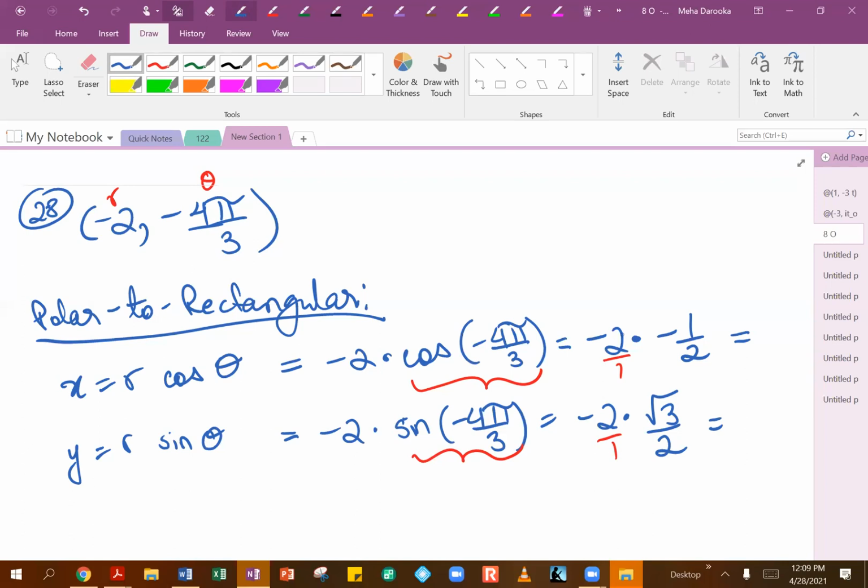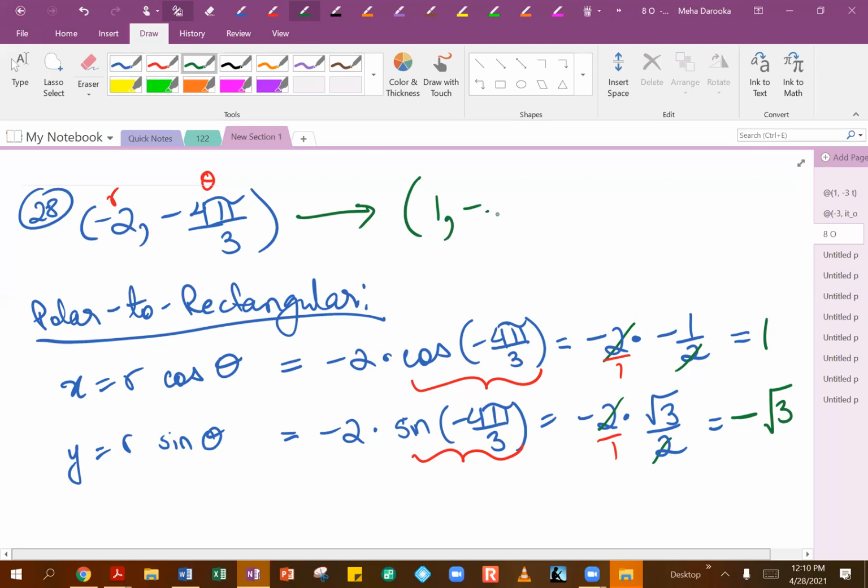On that first one, Katie, yeah, the 2 will cancel out. 2 negatives become positive, and this will end up giving you positive 1. Very nice, Shu. Same thing's going to happen here. The 2's cancel out, but since you only have 1 negative sign, that negative sign stays, and you end up with 1 and negative square root of 3. So very nice. In rectangular coordinates, this becomes positive 1, negative square root of 3 as our x and y values.